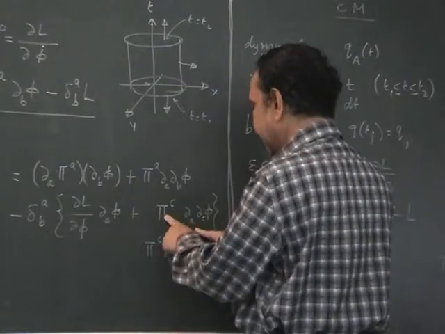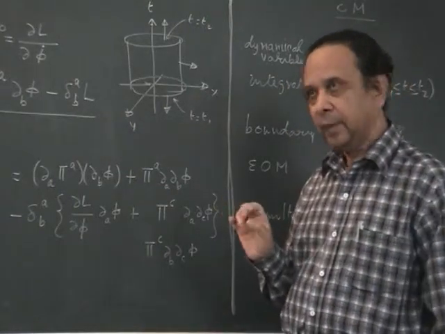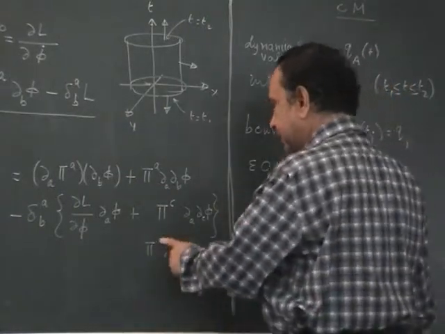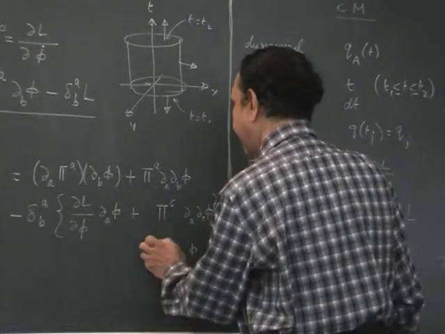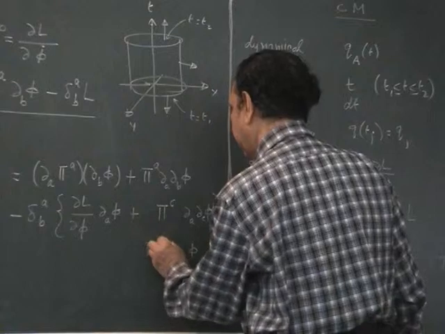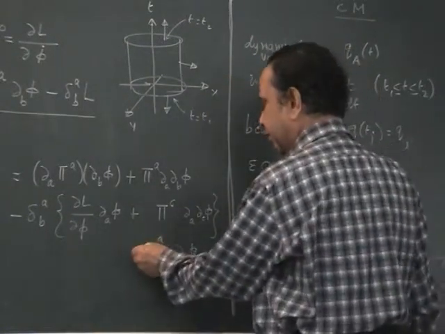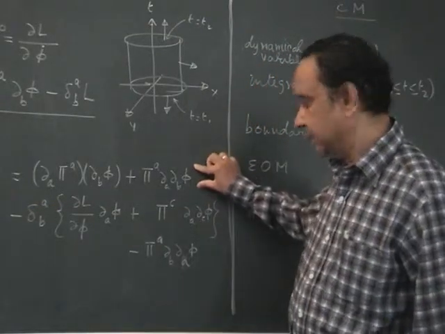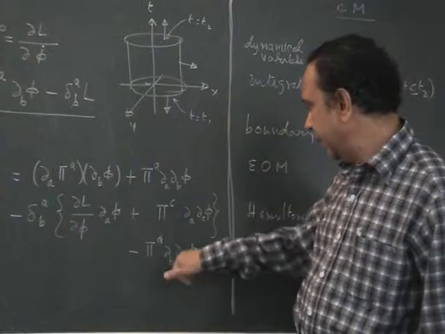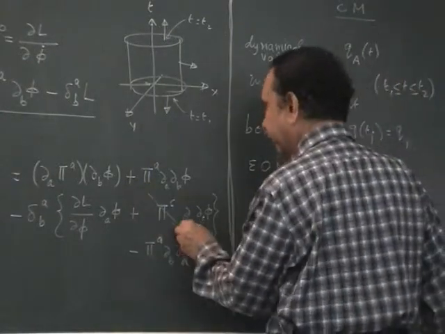Then I have this pi C and a dC. Now I note the fact that C is a dummy index, therefore I would have replaced it by A. This is what this term is going to be, with an extra minus sign coming from this minus sign. But that is exactly this term, because dA dB is the same as dB dA. So I can cancel this term with this term.